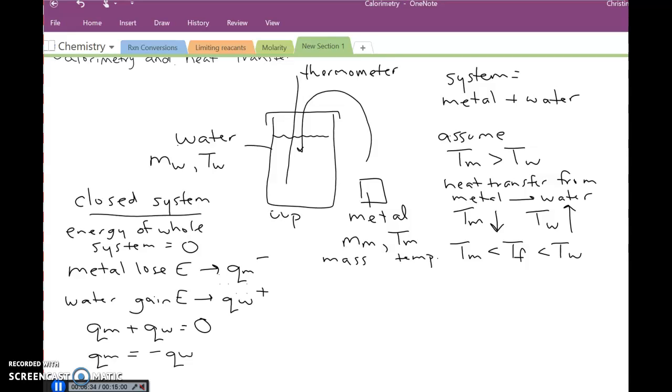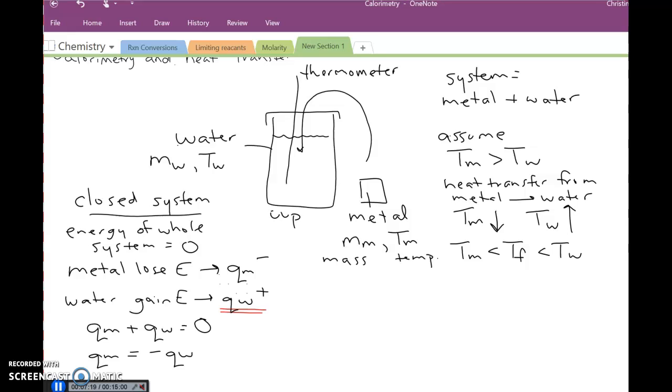The metal is losing energy, the water is gaining energy. Now it might be a little bit confusing here how I have this mentioned. Here, our water is gaining energy, so it's absorbing, and that means we have a negative value as far as our equation is concerned.